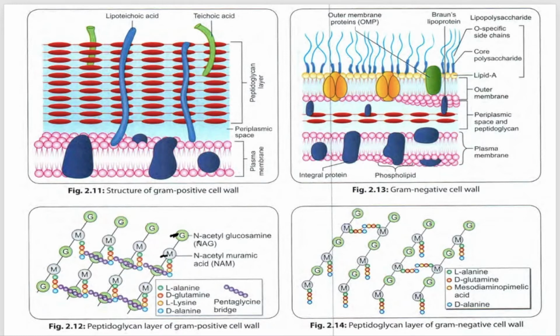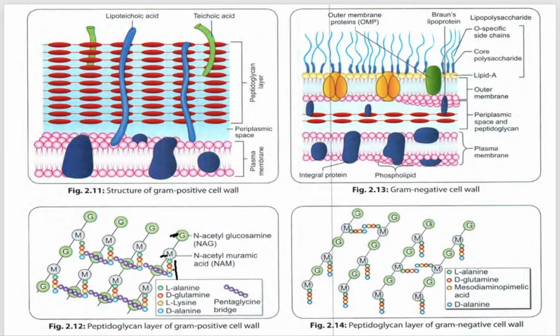Their abbreviations are NAG and NAM. These are cross-linked to each other via the tetrapeptide side chain. Which one is the tetrapeptide side chain? These four, shown in this diagram by small circles in a column.